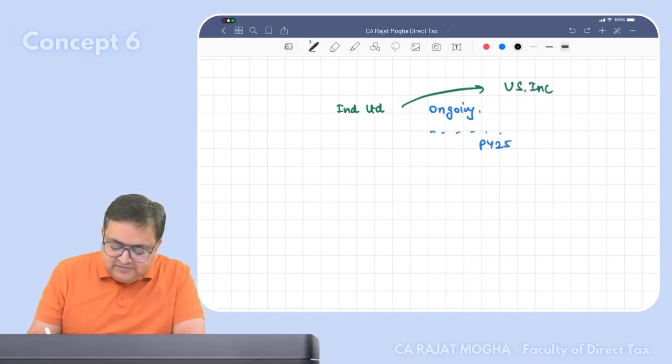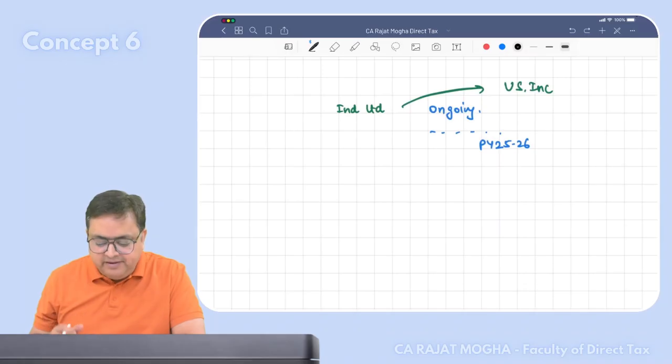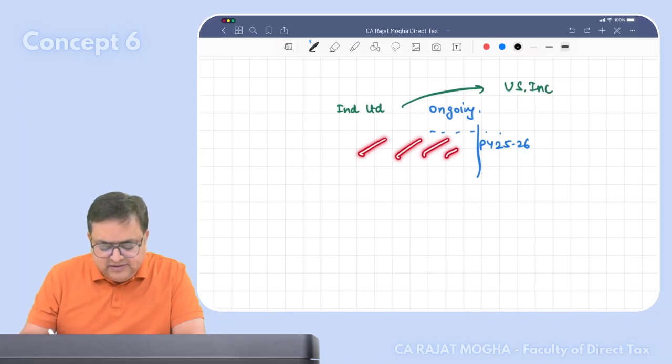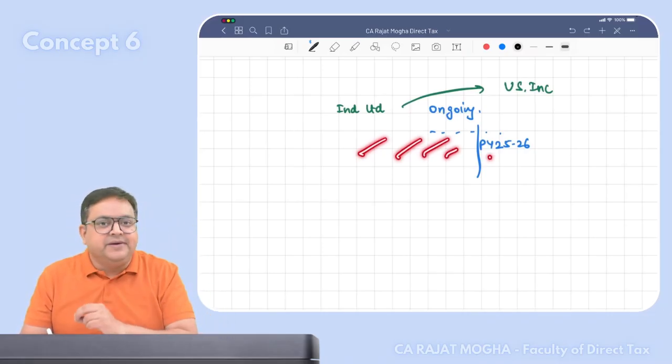Let's say from previous year 25-26, you want your international transaction to be determined by APA. My ALP should be determined by APA for previous year 25-26, although you have already undertaken these transactions in the last 3, 4, 5, 6, 7 years, but now you want APA.